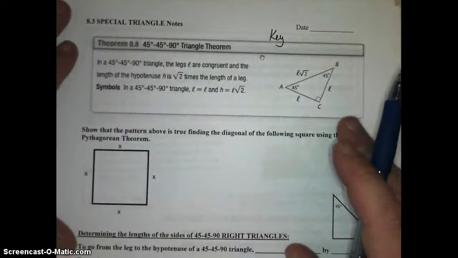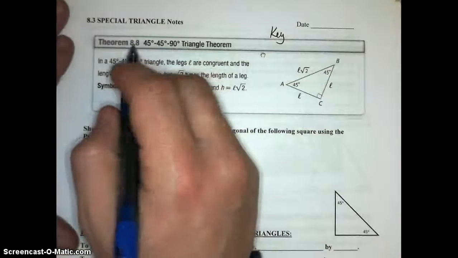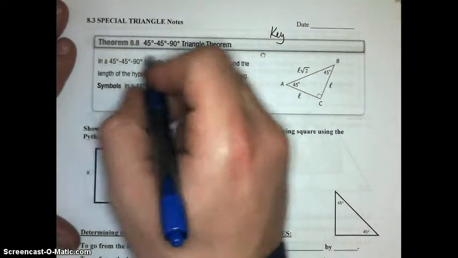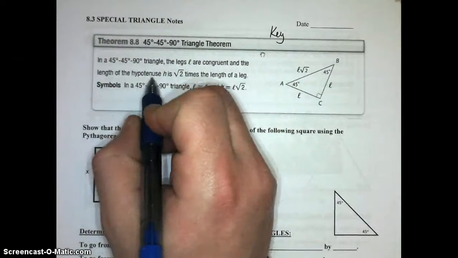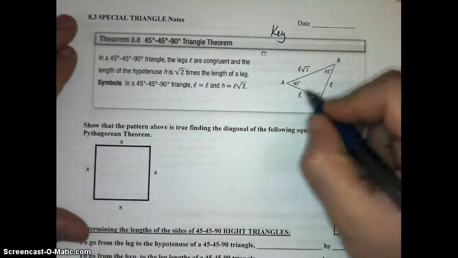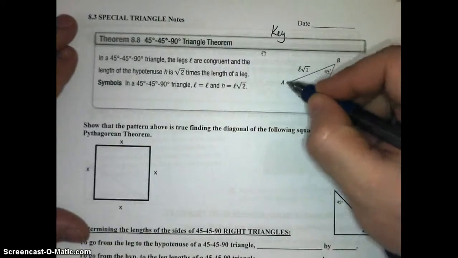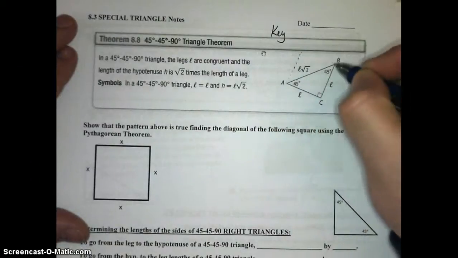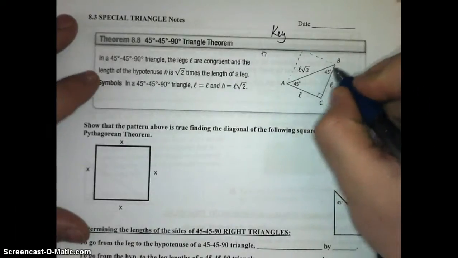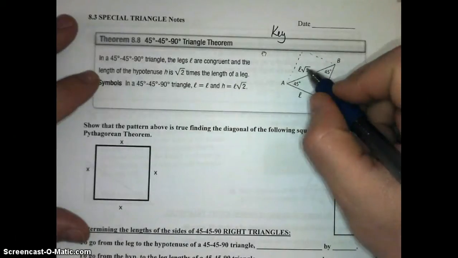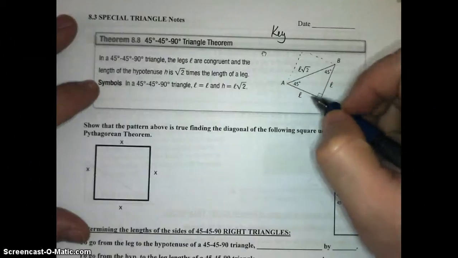We're going to look at these in our notes today. Here's our first theorem from lesson 8.3, and it states: in a 45-45-90 triangle, the legs, L, which remember would have been sides of a square, are congruent, and the length of the hypotenuse, H, is root 2 times the length of the leg.